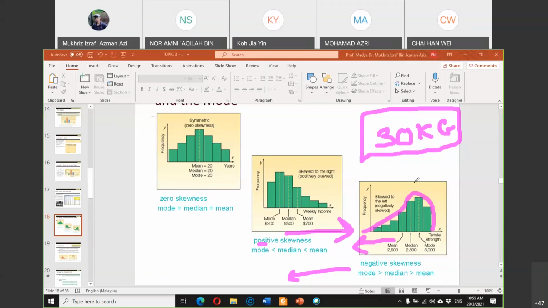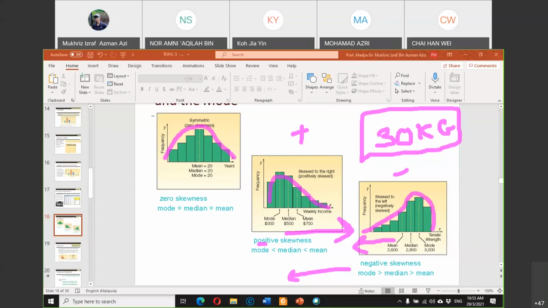So when you plot your histogram, as in the exercise I gave last week, you should check the exact shape, whether it is zero skewness, positively skewed, or negatively skewed. These two are the extreme, unique scenarios: one affected by extremely large values, the other by extremely small values.